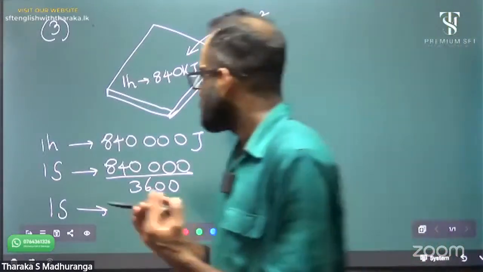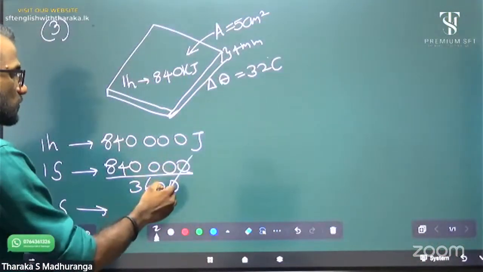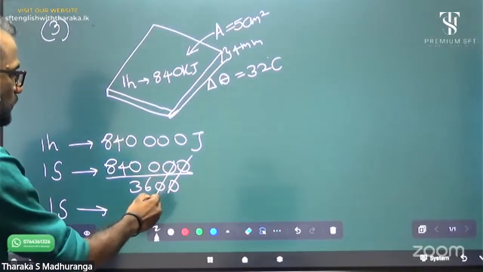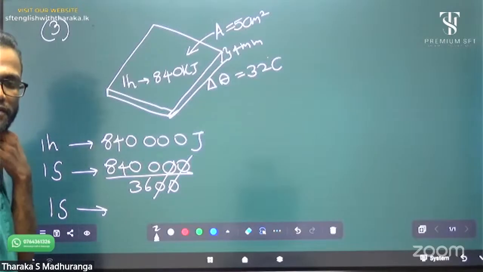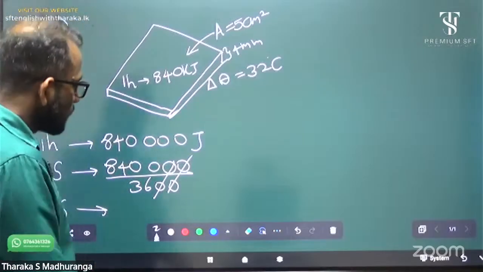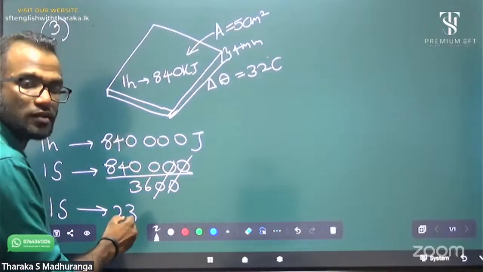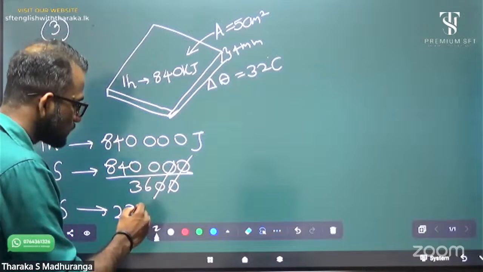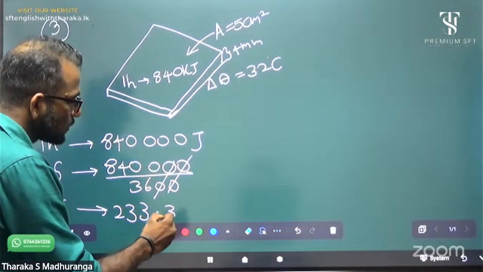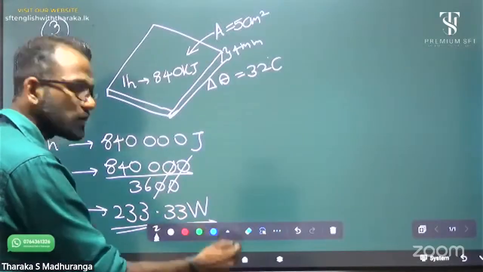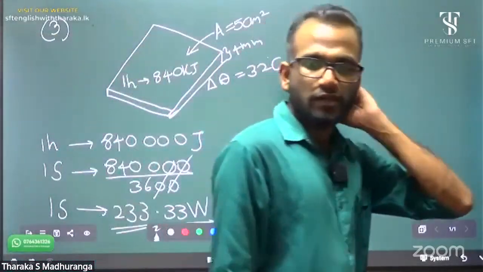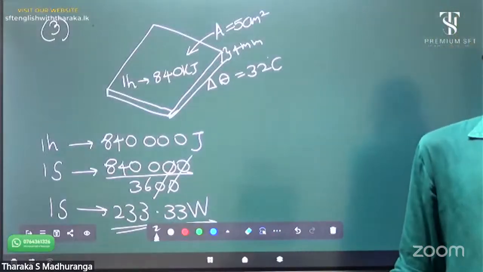Zeros cancel, 8400 divided by 36 is 233.33 watt.